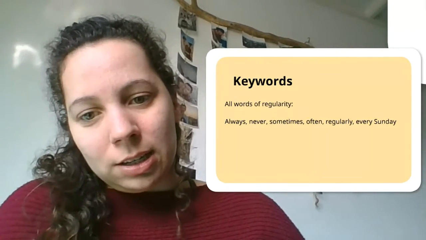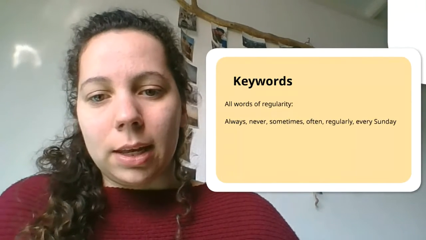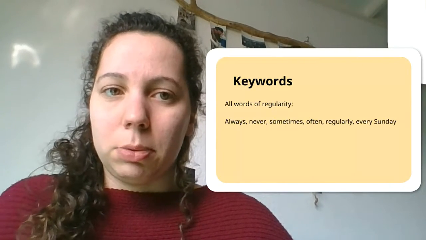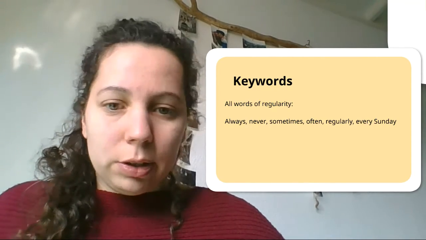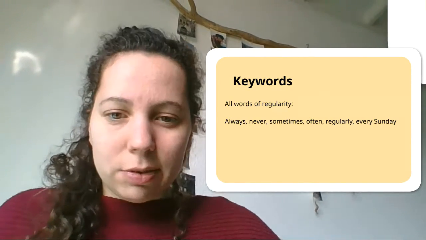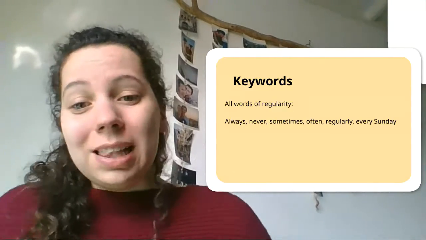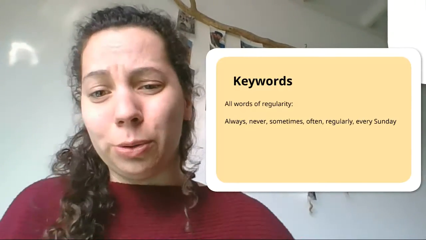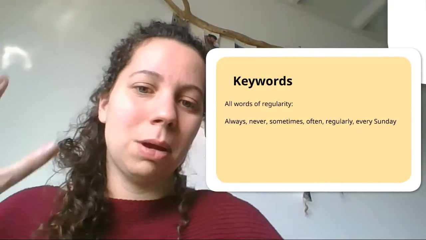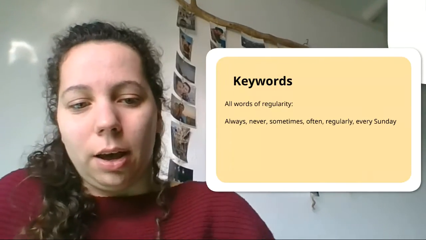So whenever a sentence says you do something regularly, regelmatig, then it's a keyword for the present simple. Some examples that are very frequently used are always, never, sometimes, often, regularly, every Sunday. But the list is really, really long. I could make a list with maybe 100 words on it. Just remember that it's a category of words and not so much a list of words.